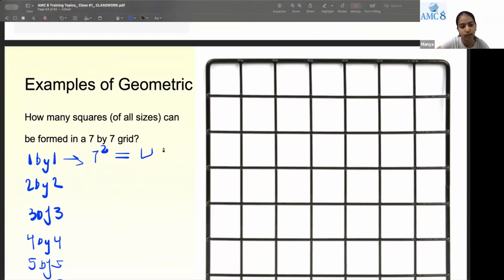This one makes sense. 2 by 2, it would be 6 squared, which is equal to 36. 3 by 3 is 5 squared. We're just going down 7, 6, 5, 4, 3, 2, 1, which is equal to 25.